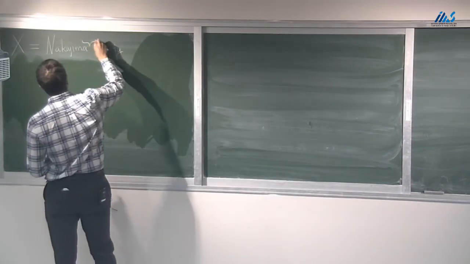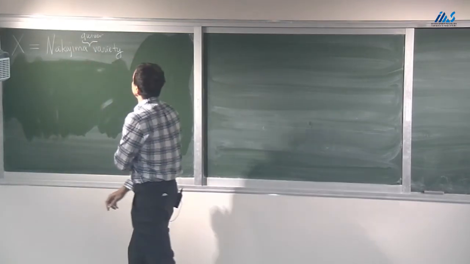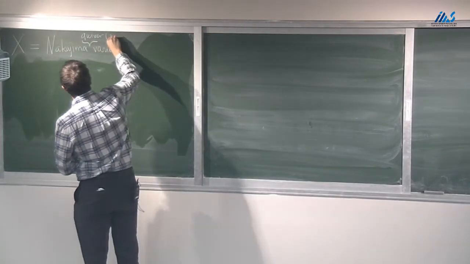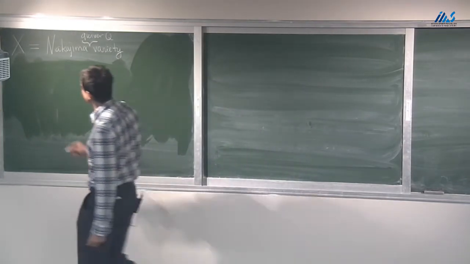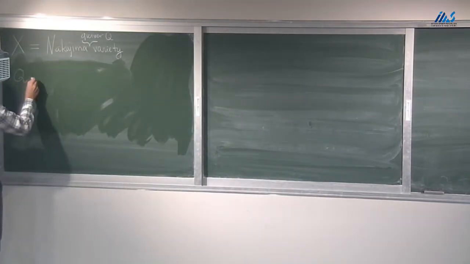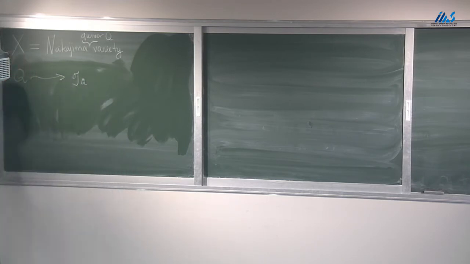Nakajima quiver, right? So there's some quiver Q, and as Davesh explained, associated to Q there is a certain Lie algebra, GQ. It has a very interesting structure.